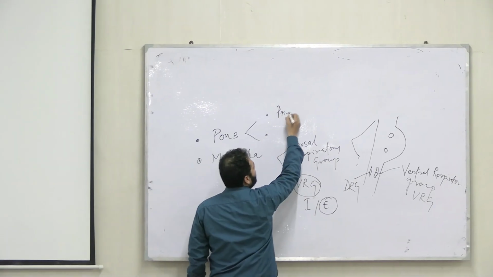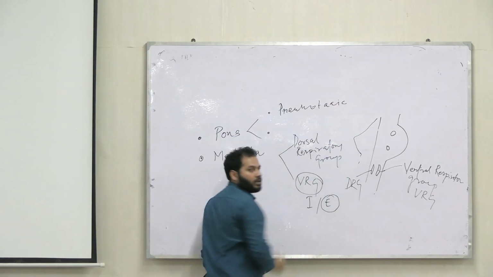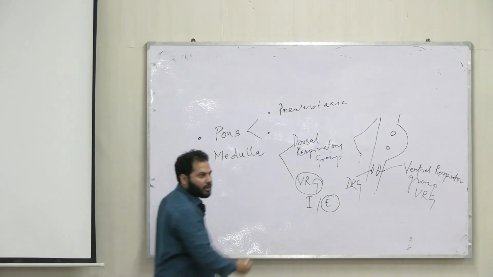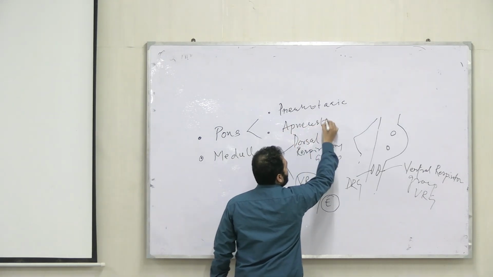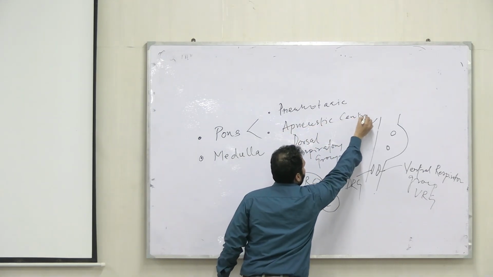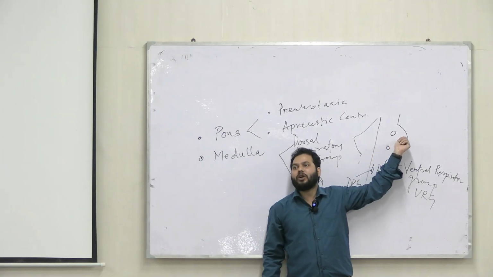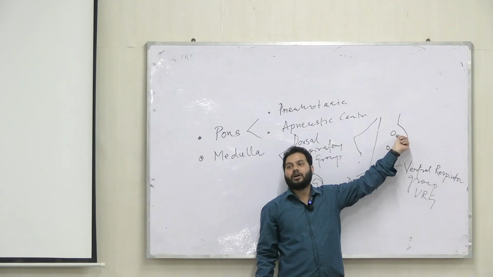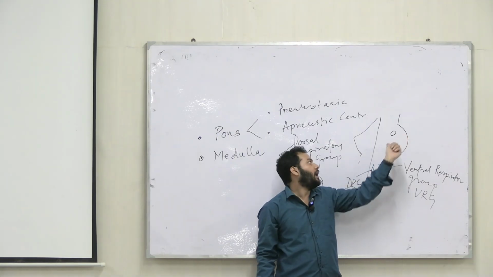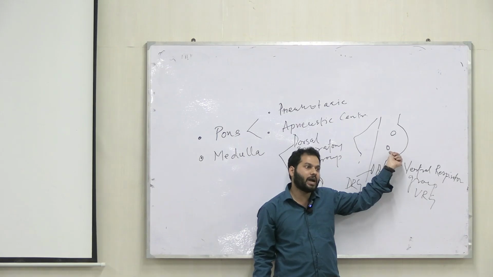These are the pneumotaxic center and apneustic center, right? See here, the upper part of the pons is called the pneumotaxic center and the lower part of the pons is called the apneustic center, right?